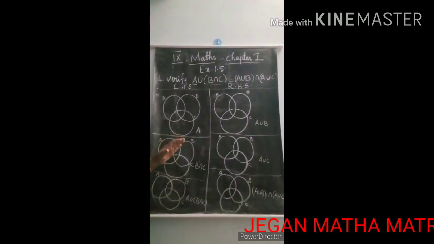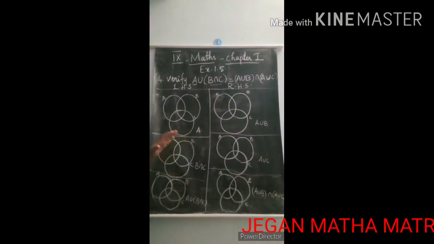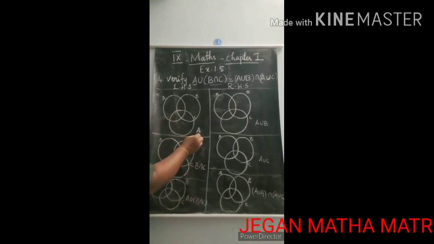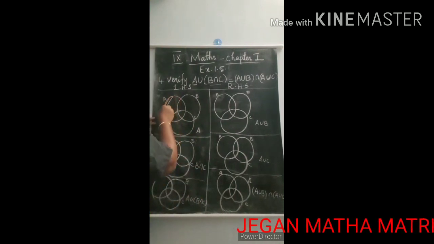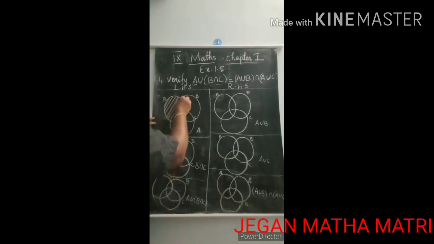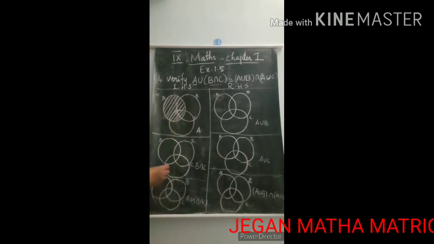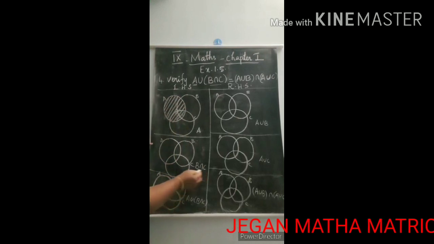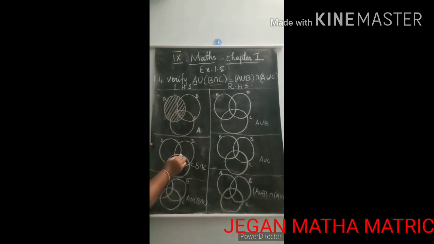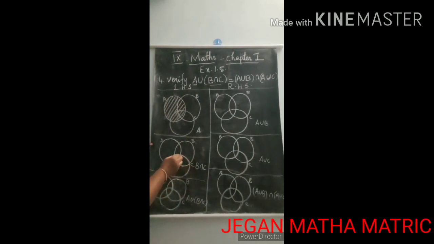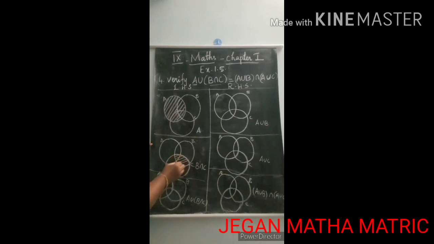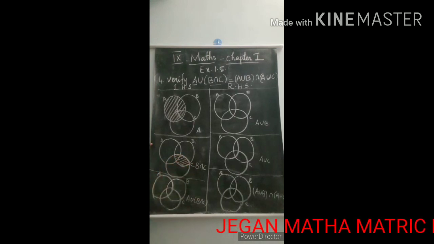Let us represent this using a Venn diagram. First one, A. You have to shade this A portion only. And then the second one, B intersection C. This part is B intersection C, so you have to shade it.